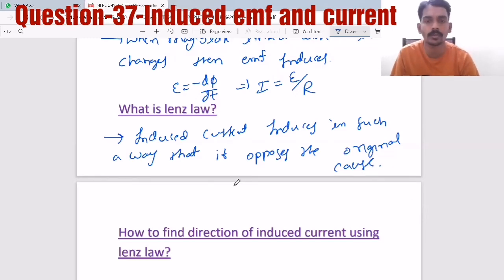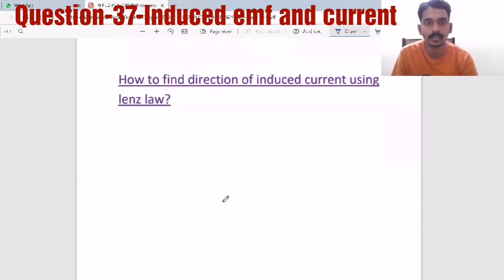It always tries to oppose the external effect. Like if the external flux is trying to increase, the induced current tries to decrease it. If the external flux is trying to decrease, then the induced current tries to increase it, and it will support. So it will always try to oppose the original cause.